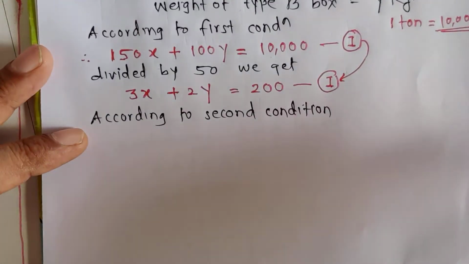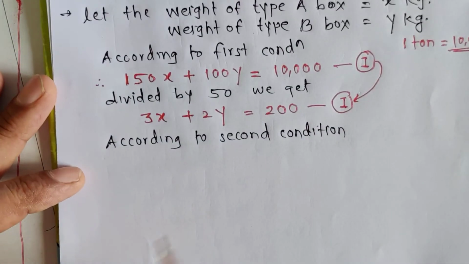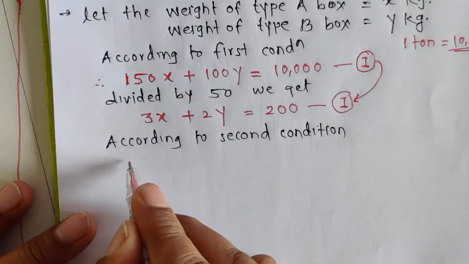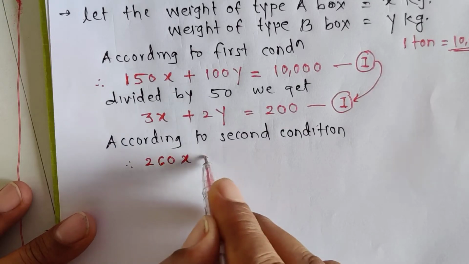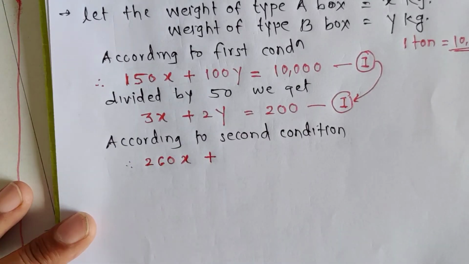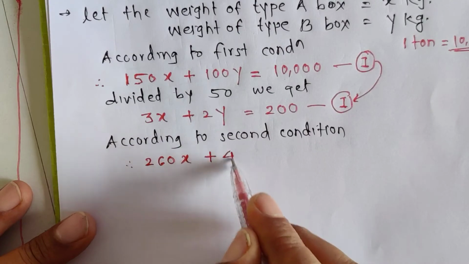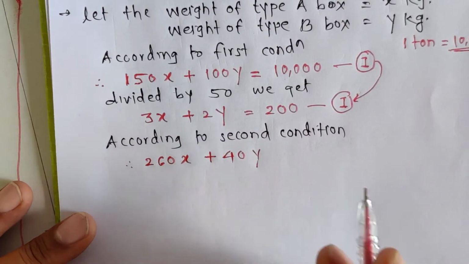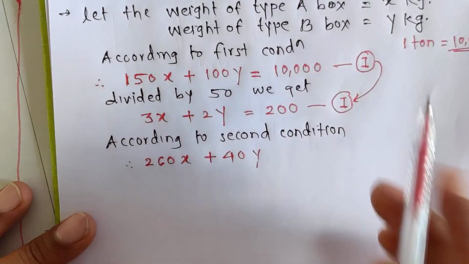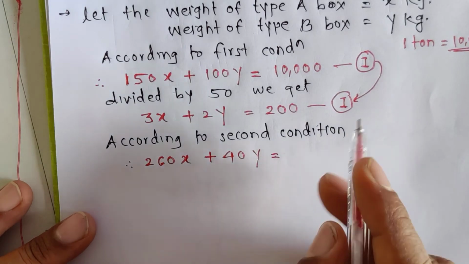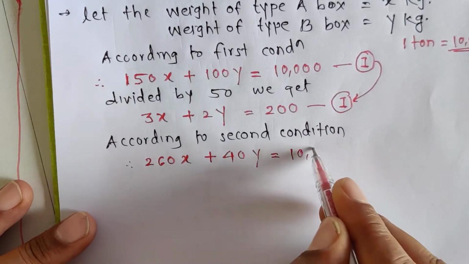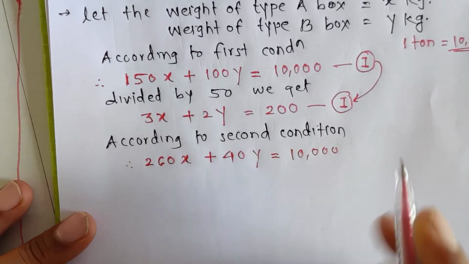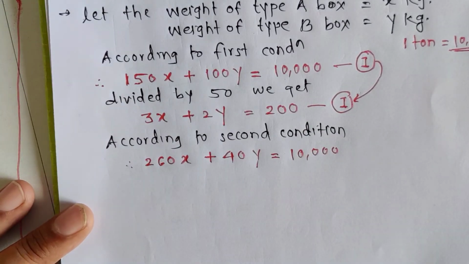So according to this second condition, 260 boxes of type A means their weight is 260x kg, plus 40 boxes of type B means 40 into y, because the weight of one B box is y kg, is equal to again 10,000, the total capacity of that truck. Now again divide by 20.